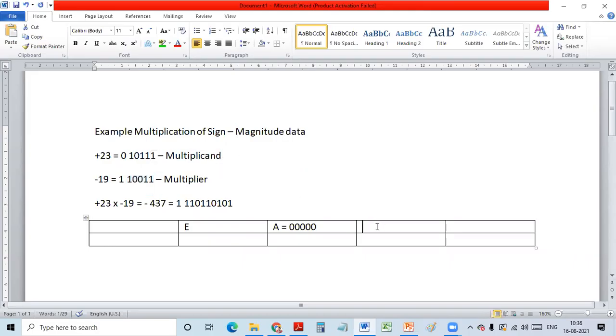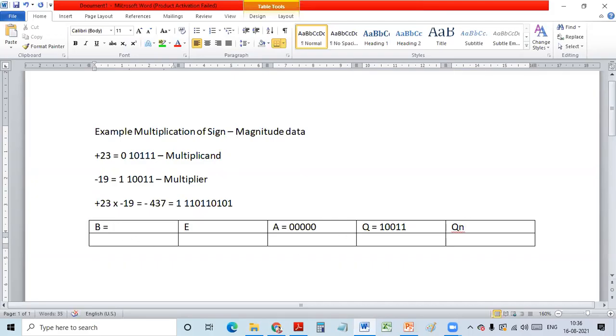A is 5 bits in length, which is 0, and next holds your Q, which is nothing but the multiplier. So the multiplier is in the Q register, 10011, and we need to inspect the QN bit, the least significant bit, every time. And what is B?